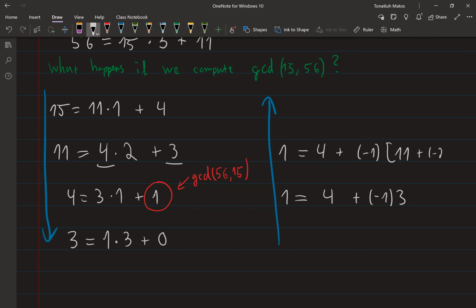So this should be -2 times 4. Now, everything I've written so far is written in terms of only the numbers 4 and 11, which is the stage that I'm at. So maybe I should simplify this a little bit. How many copies of 4 do I have? Do I have 1 plus -1 times -2? That should be 3. I'm not great at arithmetic, so please correct me if I'm wrong. And -1 times 11. It still adds up, right? Because this is 12 minus 11.